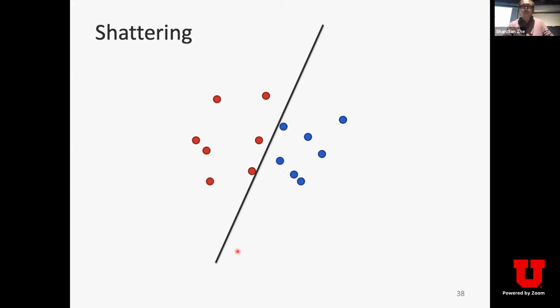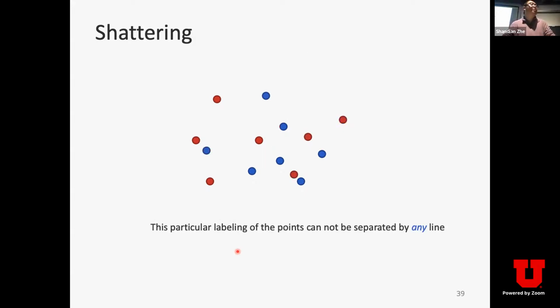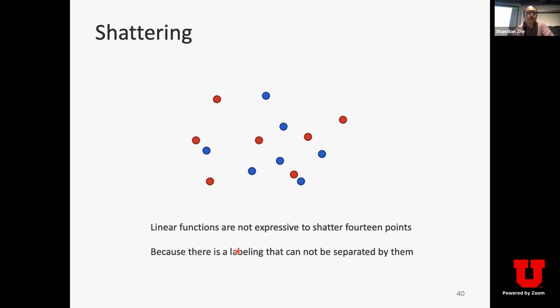But what if I mix the labels? If I mix these labels, you will definitely fail to find any line which can separate all the blue and red points. You can try all kinds of stuff, you'll fail.